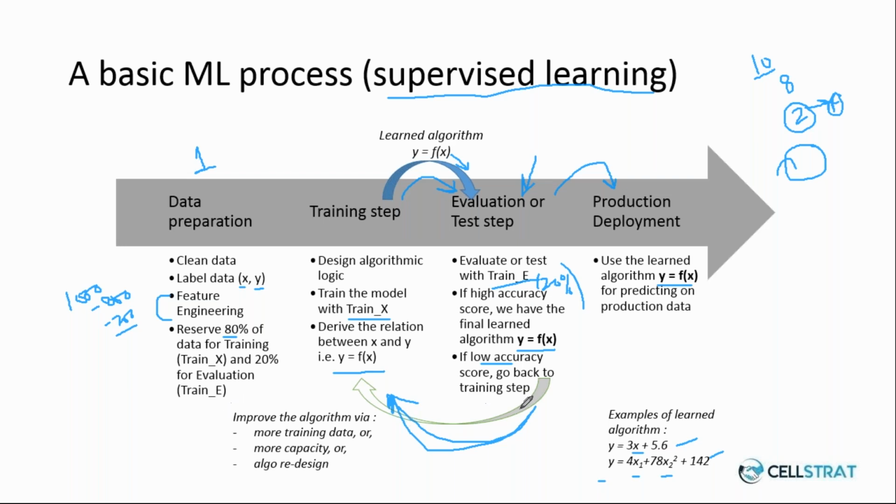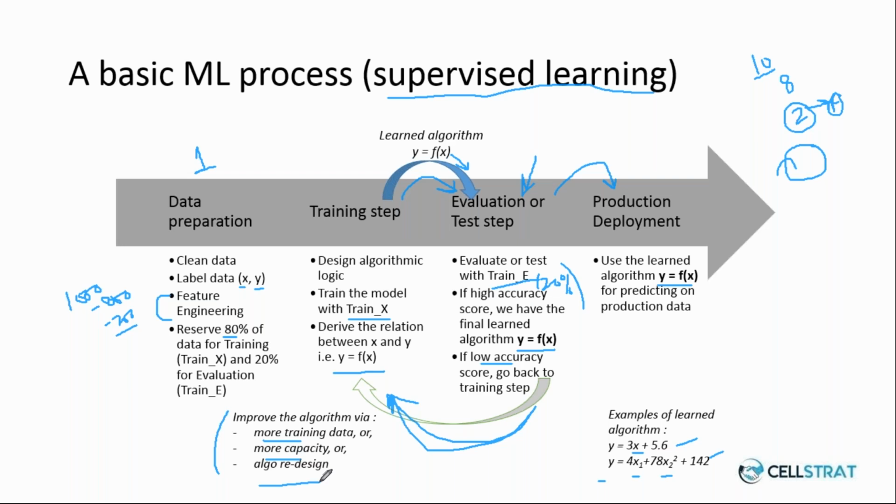Now when I'm sending the model for retraining, I might want to change something so that my model training is more accurate. So I may try with more training data, I may increase the complexity or capacity of my model, or I might change the algorithm. Let's say I was using linear regression. I might try polynomial regression. If polynomial regression also does not test well, then I might try decision trees.